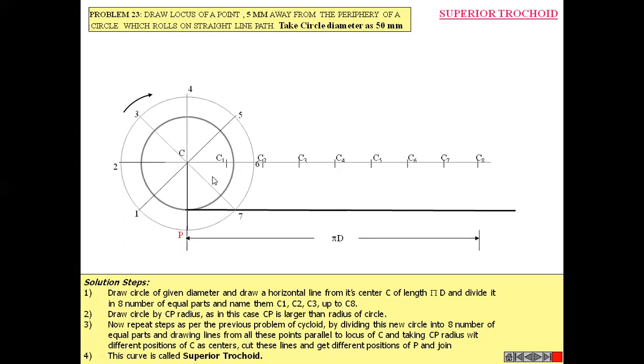Then you have to give the numbers of the different center positions. Then draw the horizontal line from all these divisions.